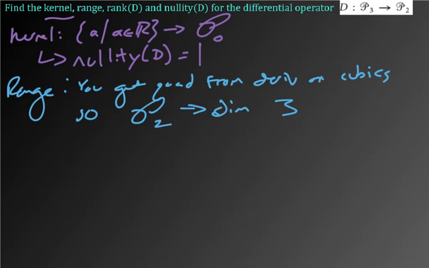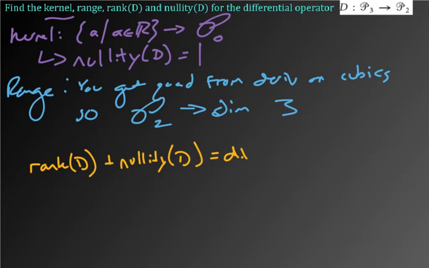And we can check the rank theorem. All that stuff should still work. The rank of a matrix or a transformation plus the nullity of that transformation should equal the dimension of the domain space.